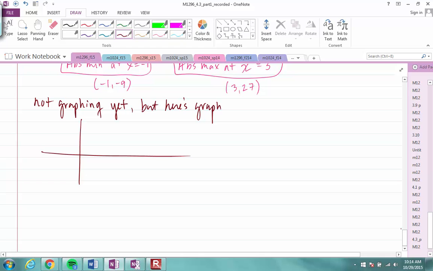This is not going to be a great graph here. Let me get some scales on here because we are going all the way up to 27, and this goes down to negative 10, 10, 30, etc. I'm going to make this really stretched out to show what's going on. So we have a point at negative 1, 9. It's an increasing function, and it turns out the curvature looks like that, which we haven't gotten to yet.